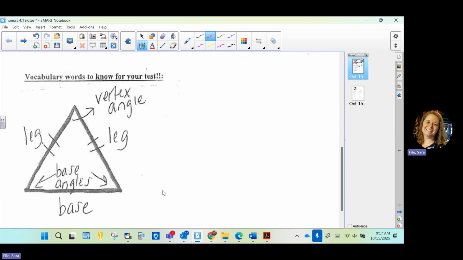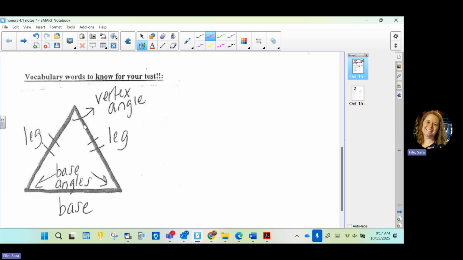All right, so this is just some vocab terms to know. This is an isosceles triangle. In an isosceles triangle, the two congruent sides are the legs. Okay, so we need to know the legs are the two congruent sides, and the base is the third side. The two congruent angles are your base angles.